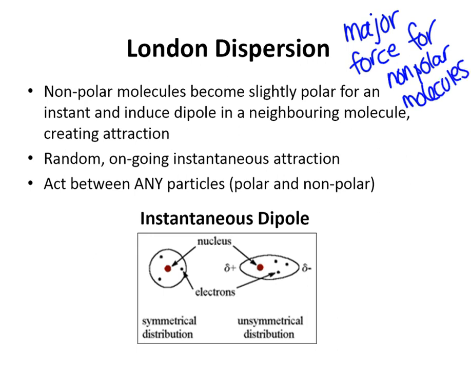So something has to hold nonpolar molecules together. They don't have dipoles, so we're not going to have any of those dipole forces. So how do they have some attractive forces holding those molecules together?